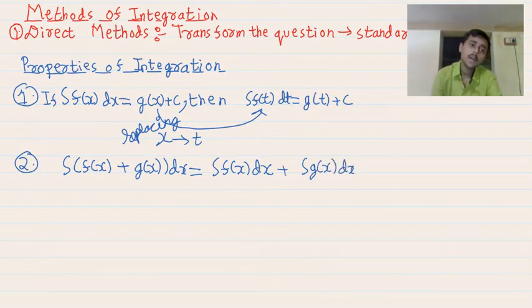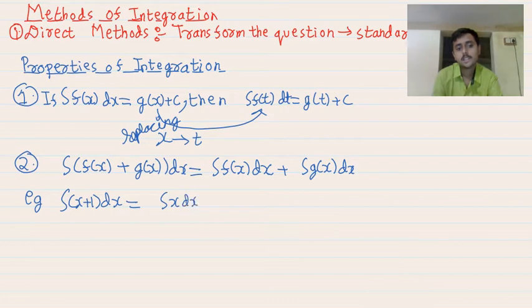So we can separate the integrals into two different parts if they are separated by a plus. For example, integration of x plus 1 dx will be integration of x dx plus integration of 1 into dx.